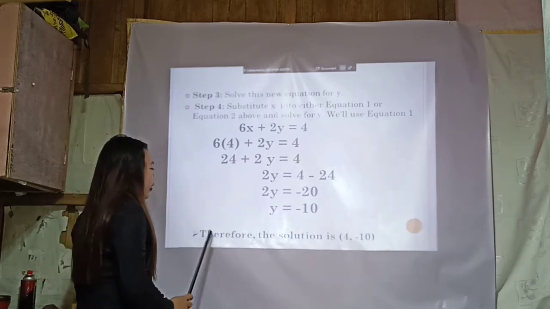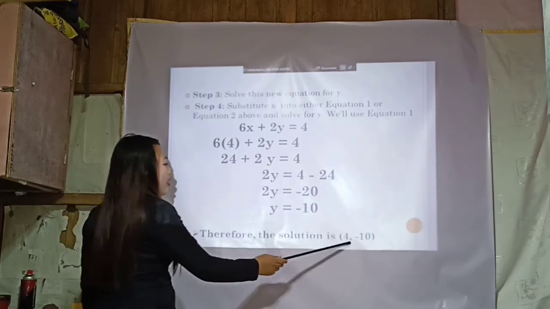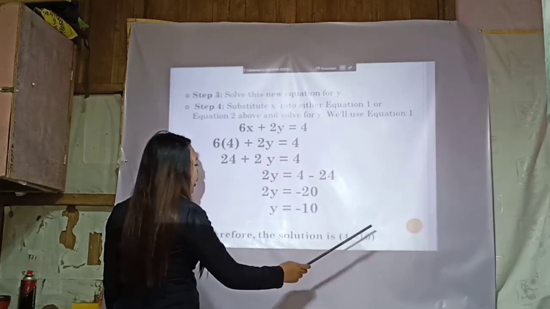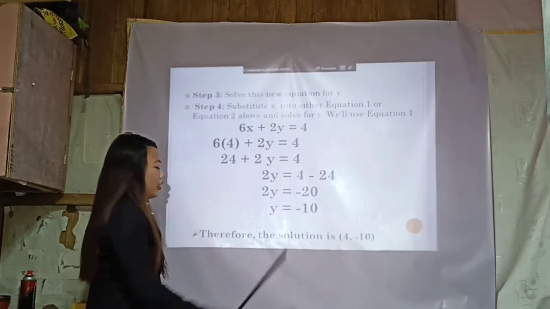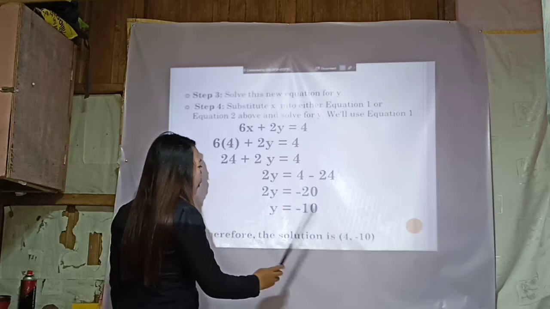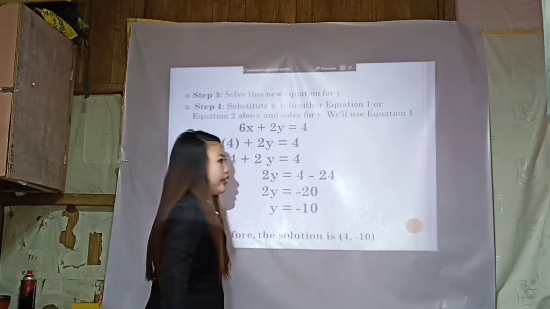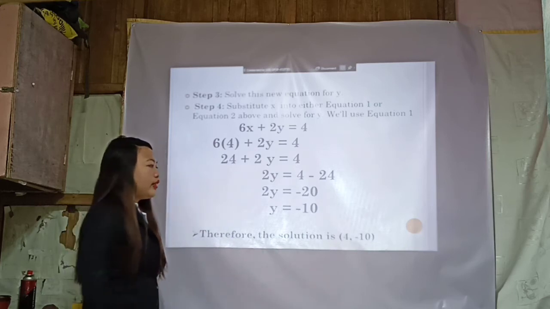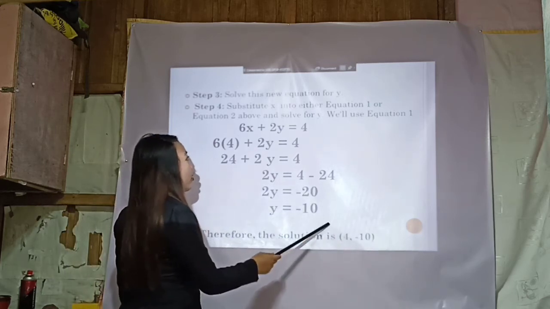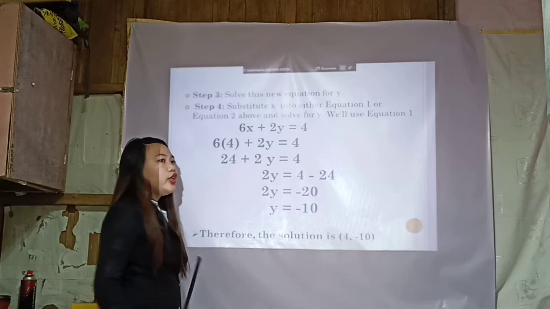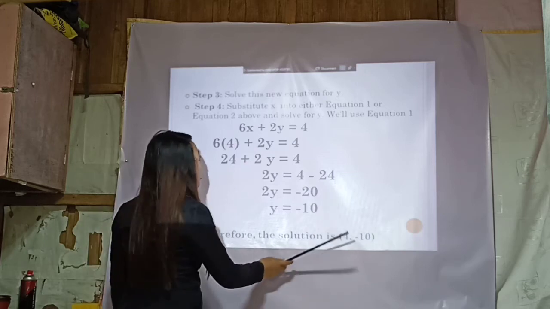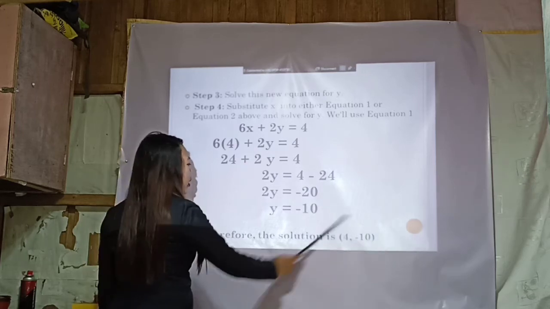Therefore, the solution is 4 and negative 10. So, the value of x is 4 and the value of y is negative 10, same as the solution of this equation using the substitution method. This would be the ordered pair.